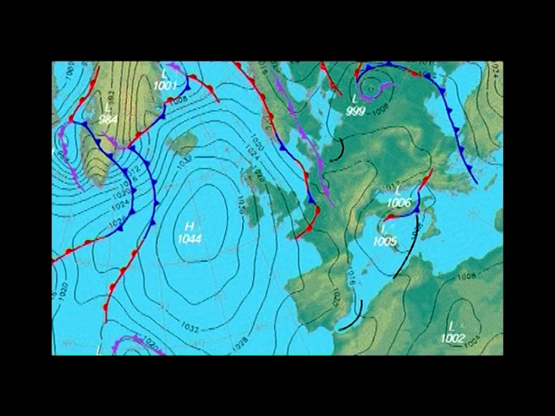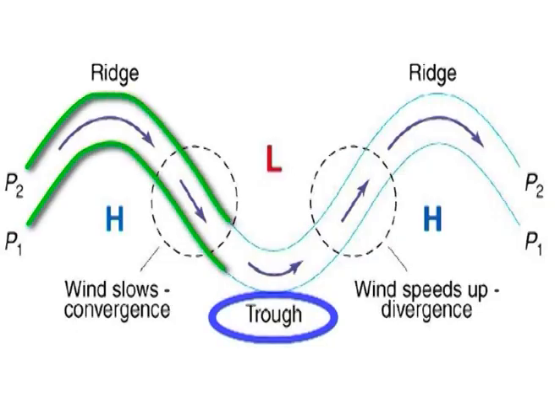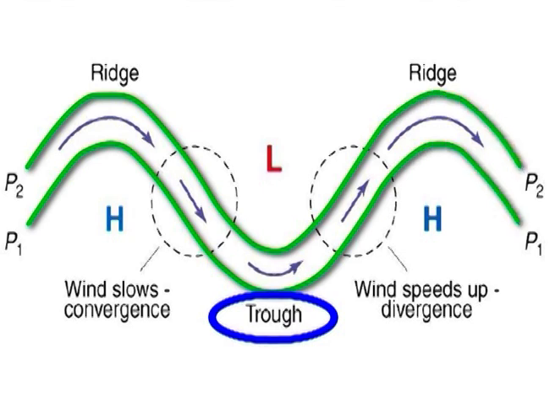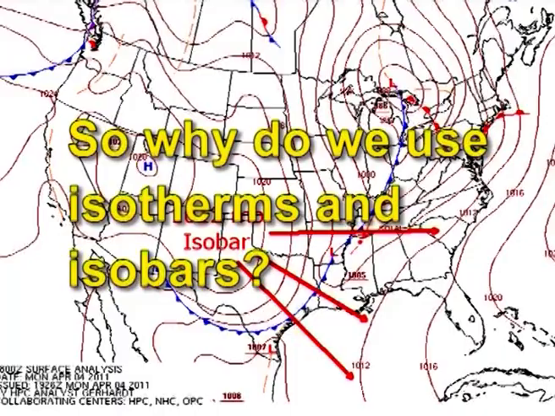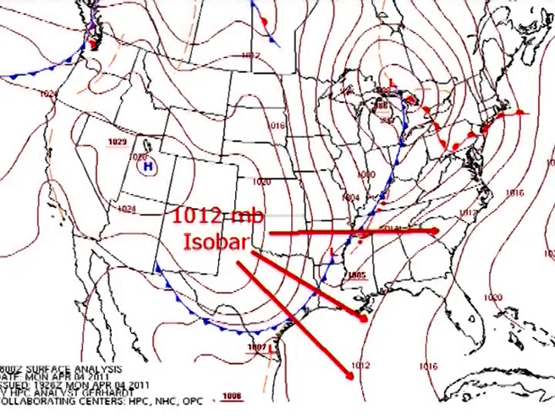Elongated areas of low pressure on surface and upper air weather maps are called troughs, and elongated areas of high pressure are called ridges. So, why do we use isotherms and isobars? Isotherms and isobars allow us to view large-scale processes much more easily than looking at the raw data from individual weather stations itself.